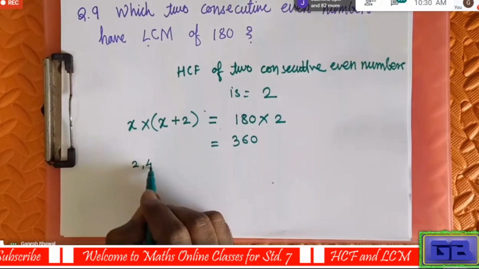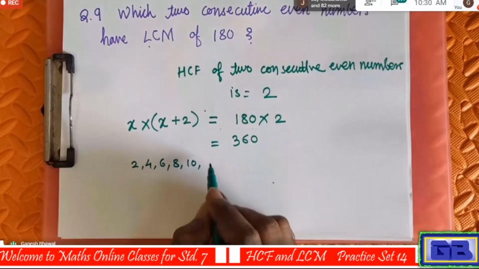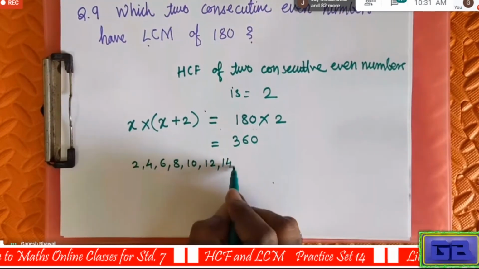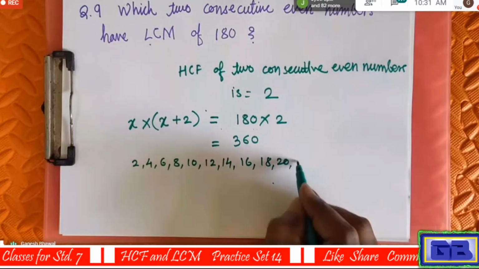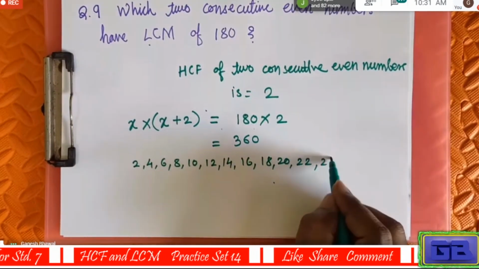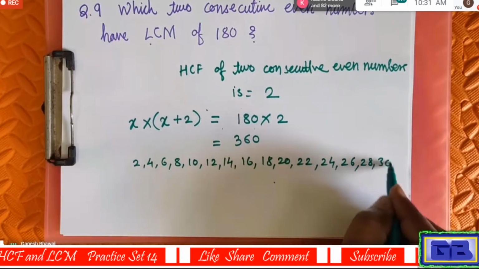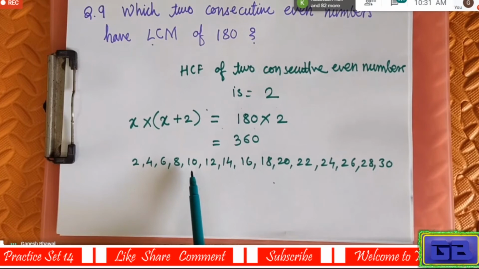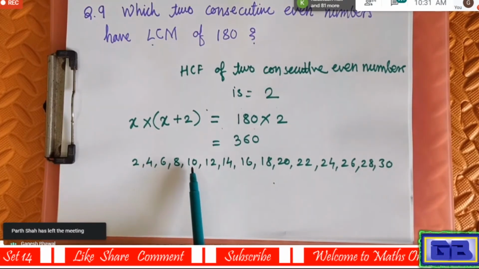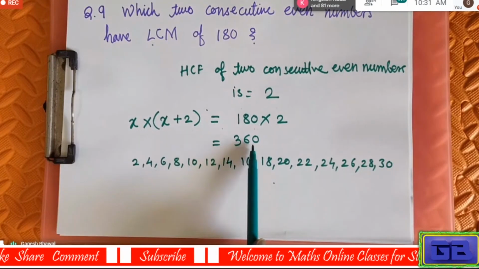Now we will write some even numbers down here: 2, 4, 6, 8, 10, 12, 14, 16, 18, 20, 22, 24, 26, 28, 30. We have to find two consecutive numbers whose multiplication comes to 360.